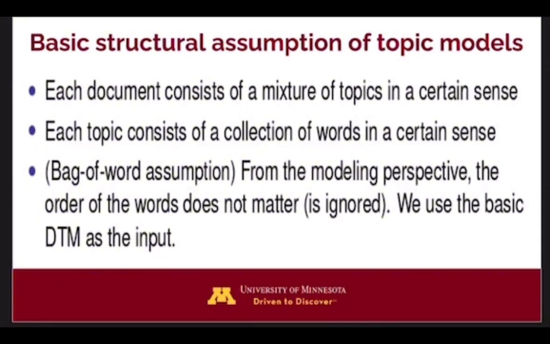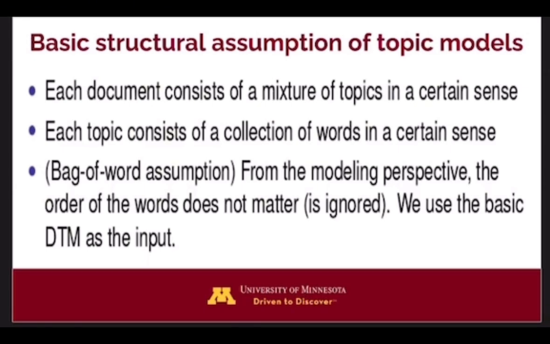Each document is believed to consist of a mixture of topics. When you read an article, you're actually going to see different topics in a particular article. For instance, if you get a national newspaper, you're going to see a topic centered on sports, a topic centered on economy, a topic centered on social issues, and so on.